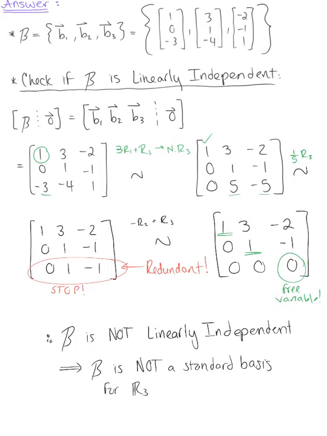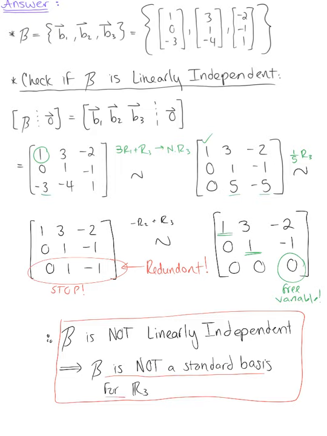As soon as we are able to confirm that this is not linearly independent, we can stop. We know if it's not linearly independent, then this set will not span R3, and therefore it is not a basis for R3.